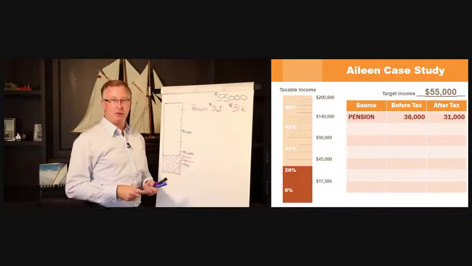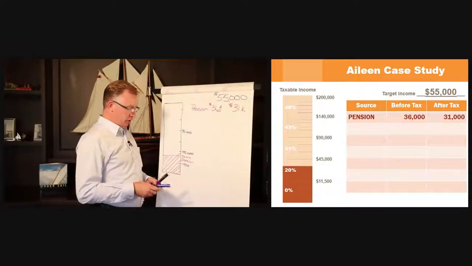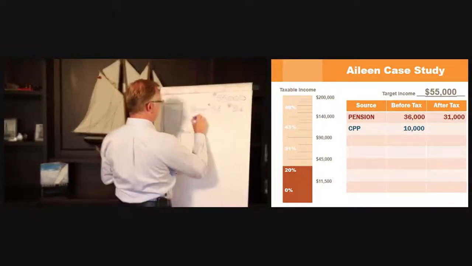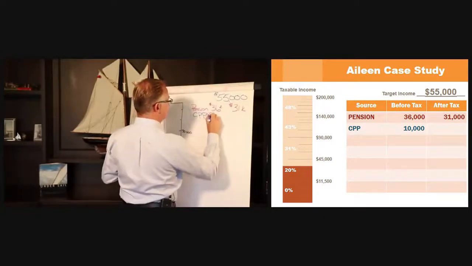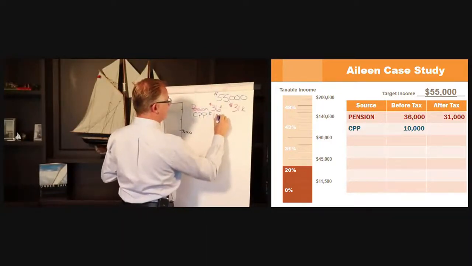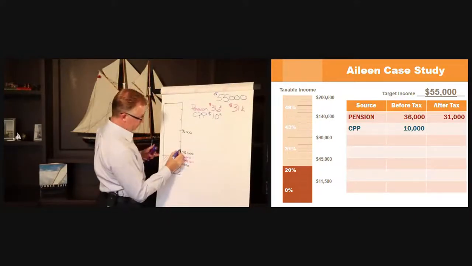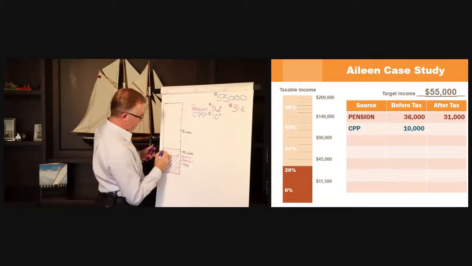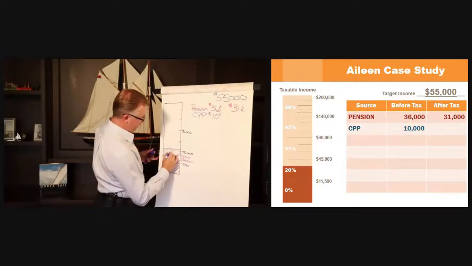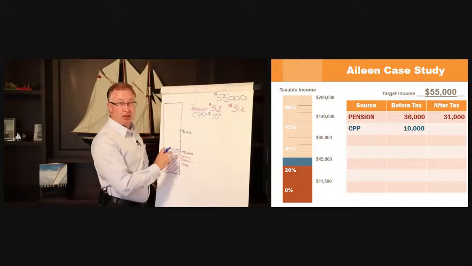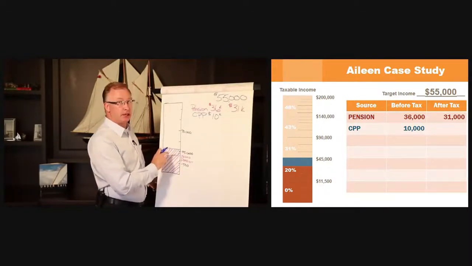Next, Canada Pension Plan. So how much does she get from Canada Pension Plan? We'll put CPP here. She gets $10,000 a year from that. So what we're going to do, 36, just above the $46,000 mark, and we're going to fill in that. Now, did we move into a new tax bracket? Yes, we did.